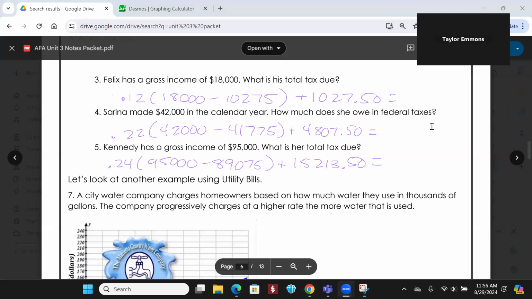Okay, so this is how those equations should be set up. And if you plug these numbers in, what'd you get? So for number one, when you type this into your calculator, what do you get? $1,900.